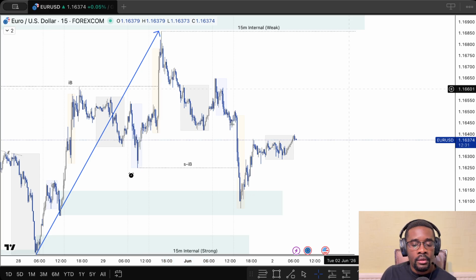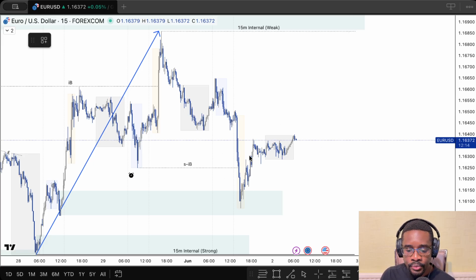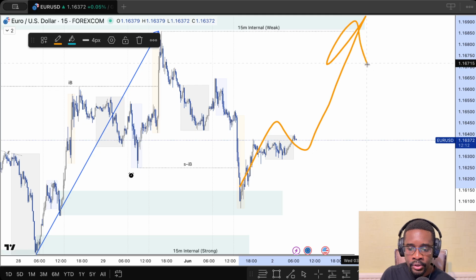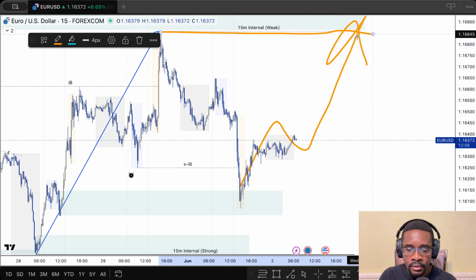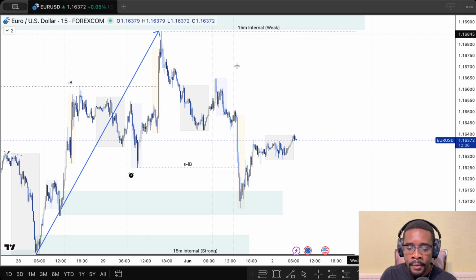So we do understand that the main push, the main internal range, is this one, which is bullish. However, we've had this break. So from this point we can assume that price is now ready to go up and take out this week high.